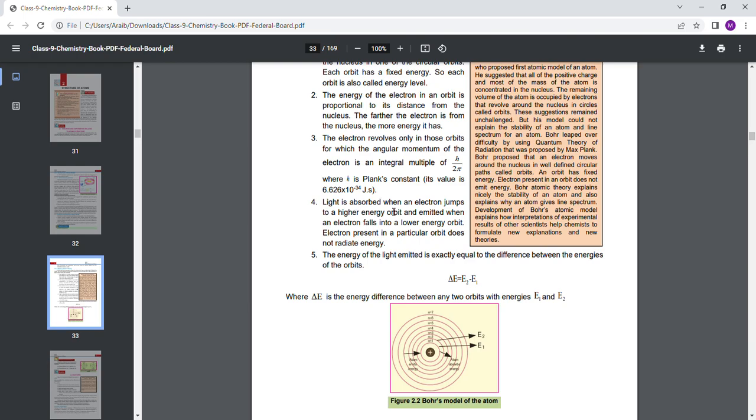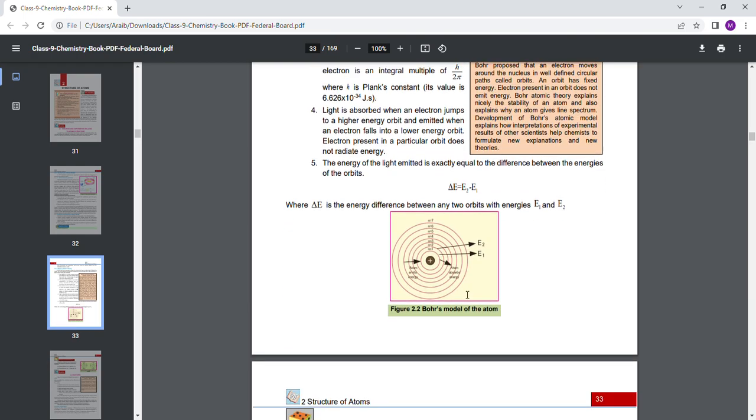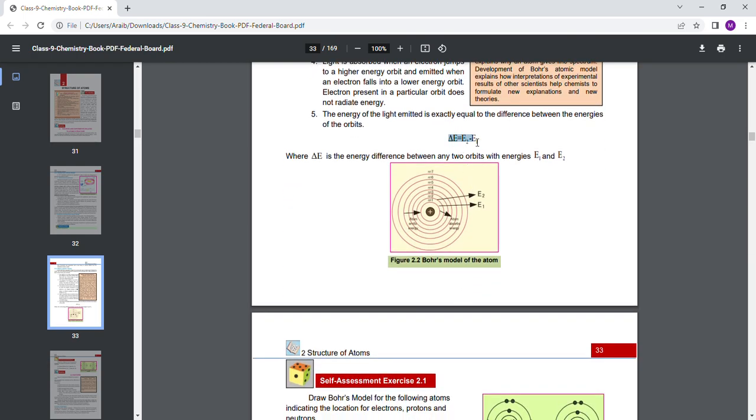Light is absorbed when an electron jumps to a higher orbit and emitted when an electron falls into a lower energy orbit. An electron present in a particular orbit does not radiate energy. The energy of the light emitted is exactly equal to the difference between the energies of the orbits. So this is the calculation of energy.